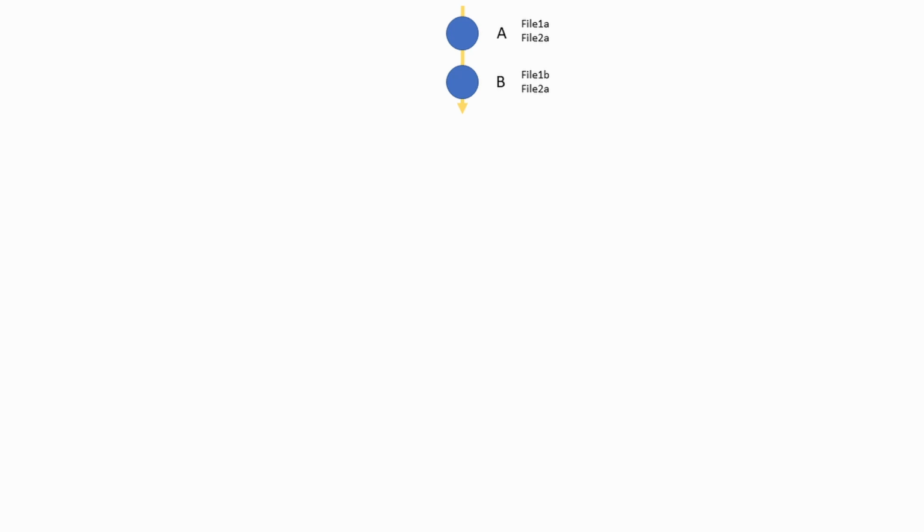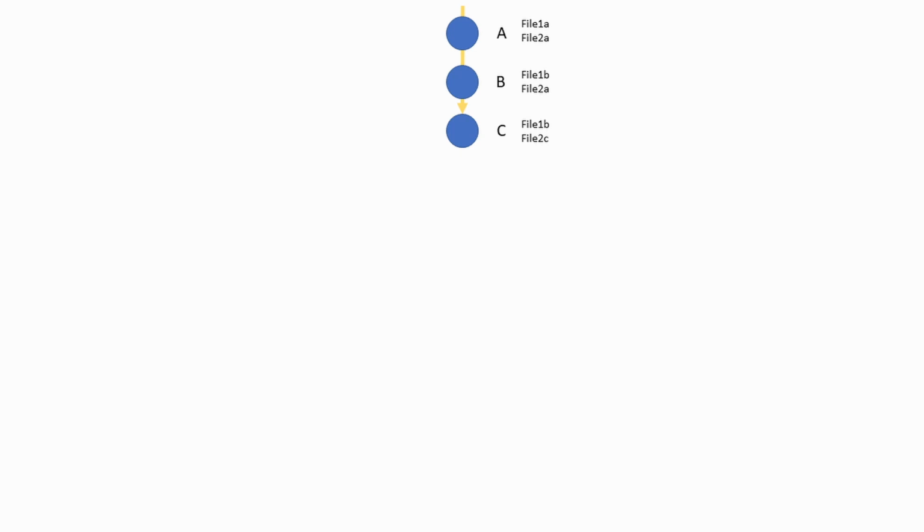A repository keeps track of what version of a file was changed to create a new version of the file. For example, a repository that contains file 1 and file 2 knows that file 1 version A was changed to create file 1 version B. Likewise, the commit afterwards changes file 2 from version A to a new version.